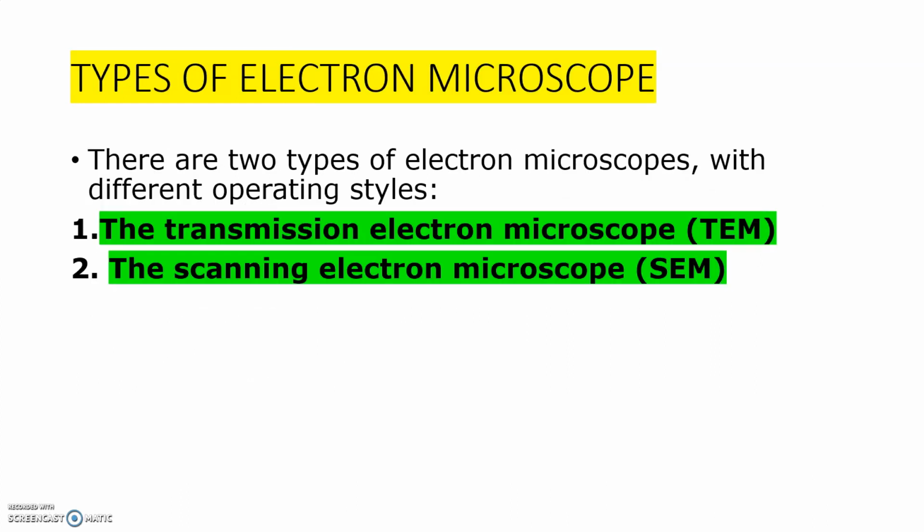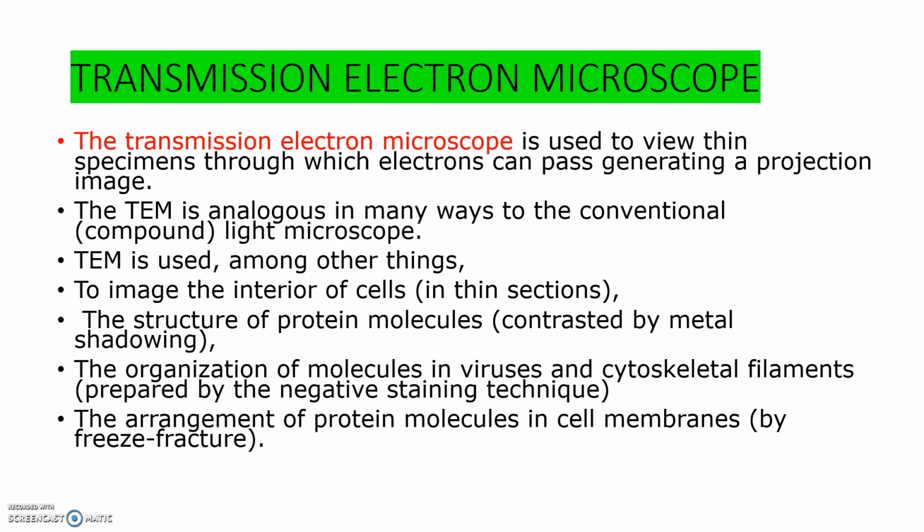Now, what are the two types of electron microscopes? There are mainly two types of electron microscopes with different operating styles. First one is transmission electron microscope. Second one is scanning electron microscope. The transmission electron microscope is used to view thin specimens through which electrons can pass, generating a projection image.